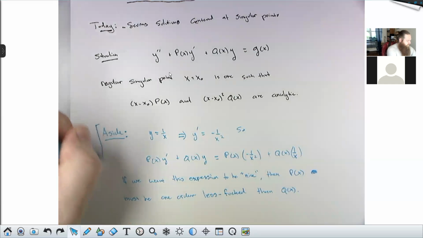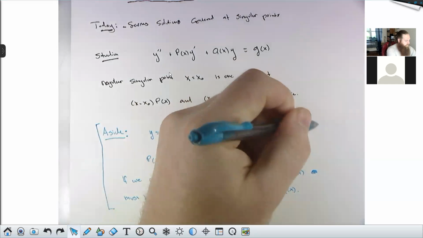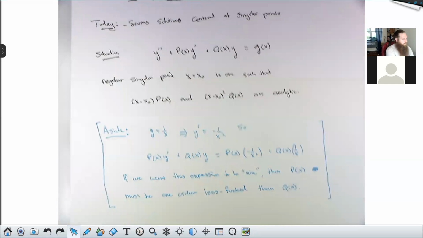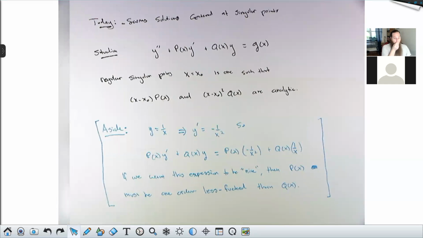All right. Now remember, I showed you Laurent series last time. Laurent series have terms in them like 1 over x, 1 over x squared, 1 over x cubed, and so on. Those are the problem terms.